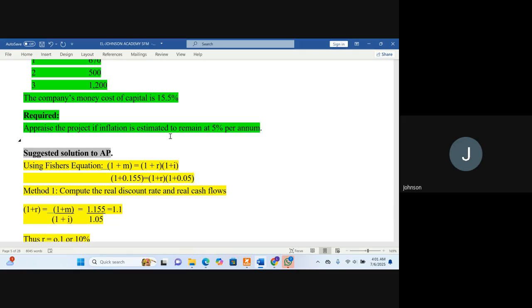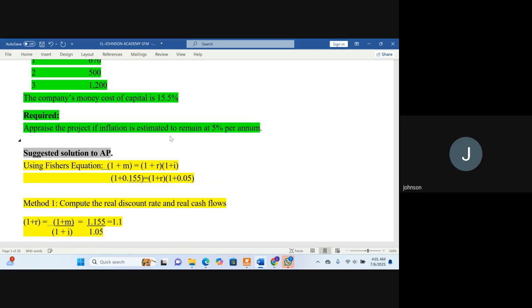So once you do that, you want to make R stay alone. So what you now do is divide both sides by 1.05. You divide both sides by this. Let me underline it so that you can see it.